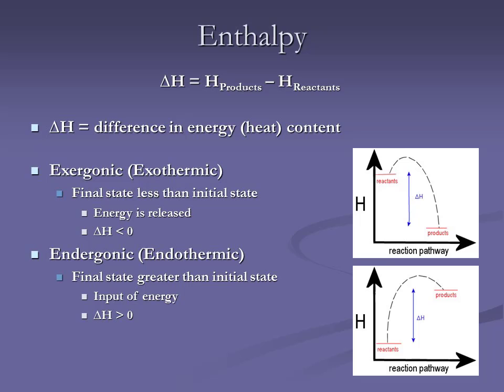Do you see how that works? More ability to make a fire in the wood, much lower ability to make fire in the ashes. That change is going to be negative because the reactant number is bigger. You see how easy that is? It's easy. And so if you look at enthalpy, delta H is another name for enthalpy.